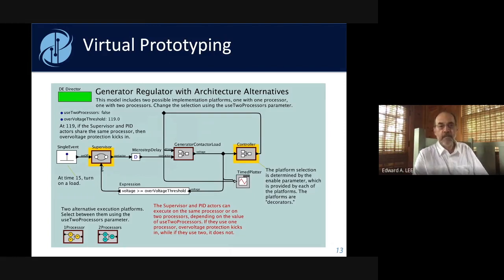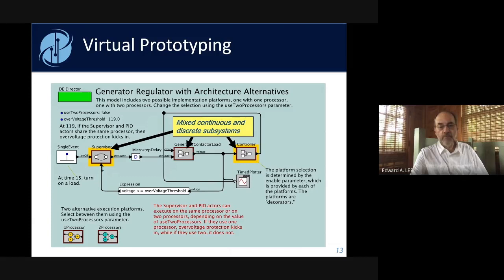So this was an example of a virtual prototype of a generator on an aircraft driven by the aircraft motor, with a combination of low-level feedback control and supervisory control, and an assessment of how the controller would behave if it was executed on a single processor machine or on a dual core machine. And so that kind of virtual prototyping is facilitated by this ability to do heterogeneous modeling.